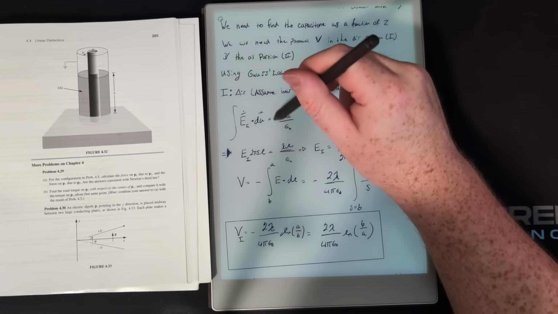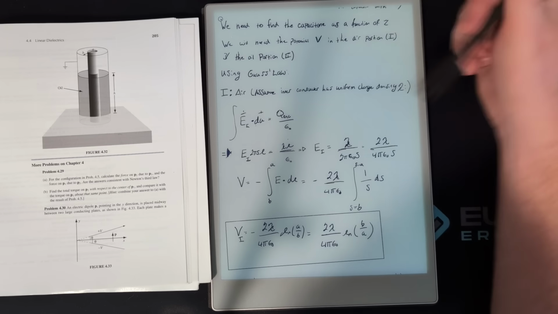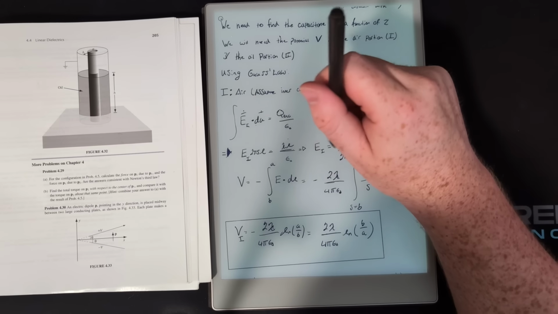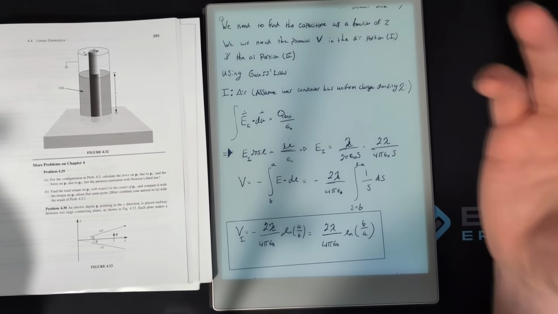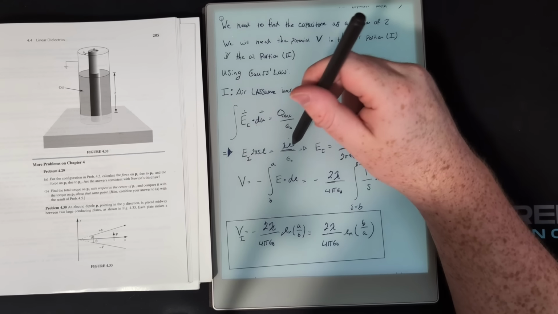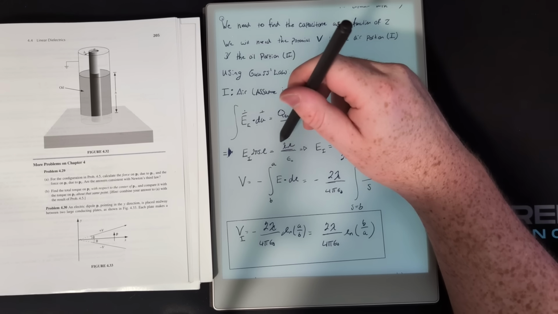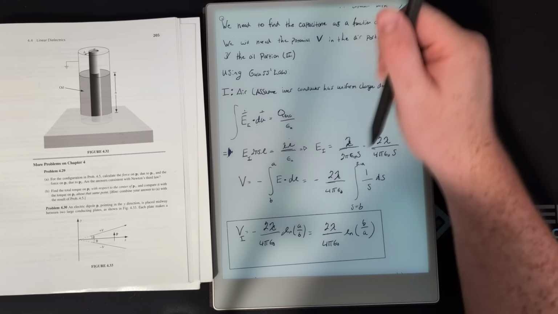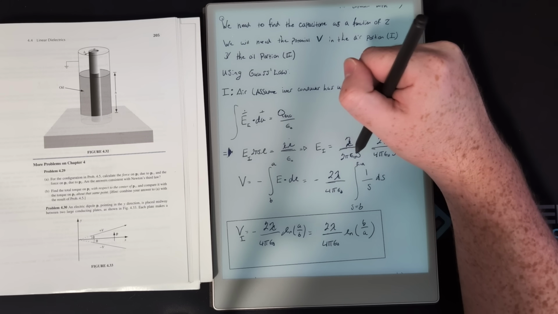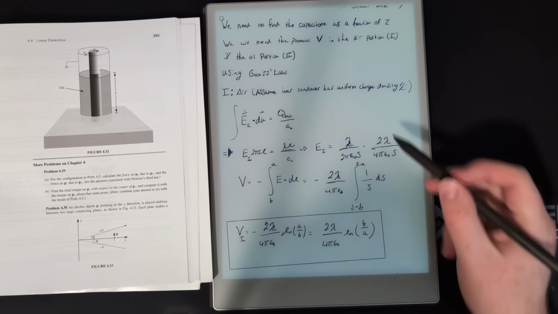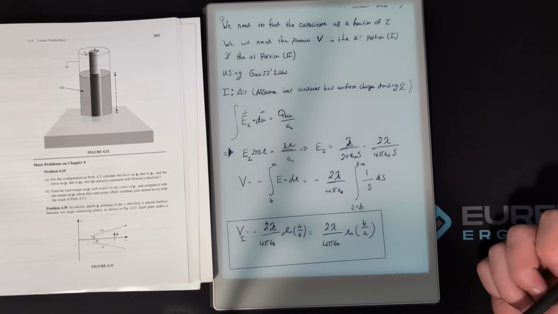And then the total charge enclosed is going to be this lambda, which is just this charge density times the length that our Gaussian surface is, because that's how much it encompasses. So that gives us the charge that our Gaussian surface encloses, and then we divide that by epsilon naught. So the field in the air region is lambda over 2 pi epsilon naught s, or I multiply by 2 on the top and bottom, so we get 2 lambda over 4 pi epsilon naught s.